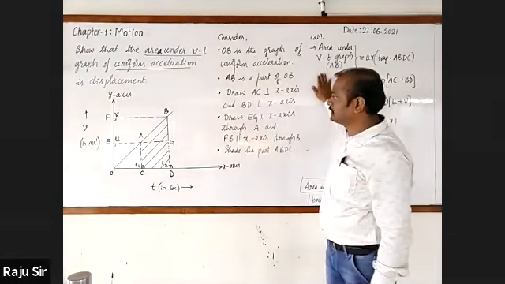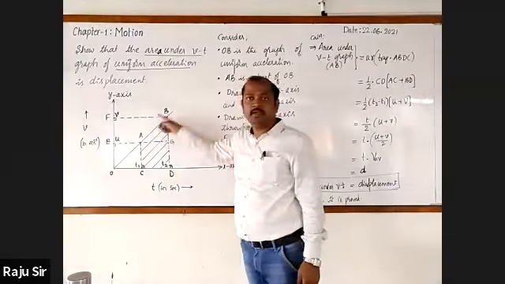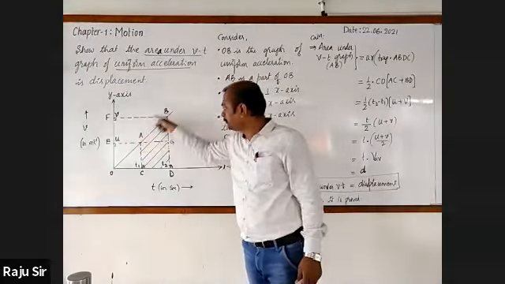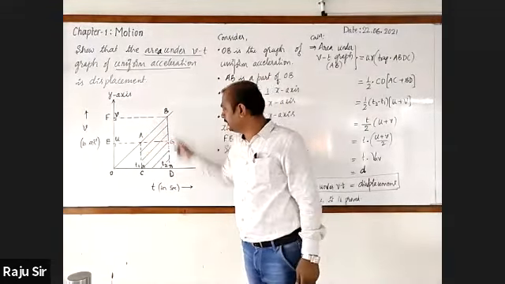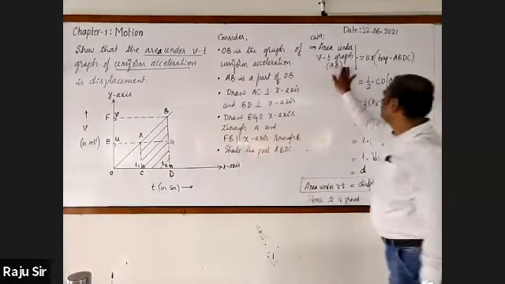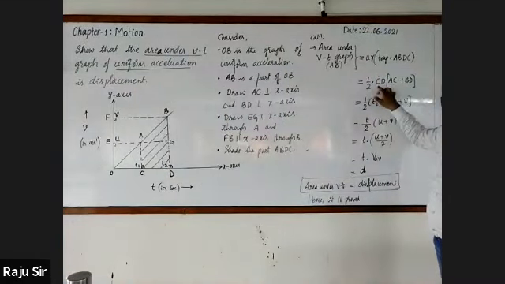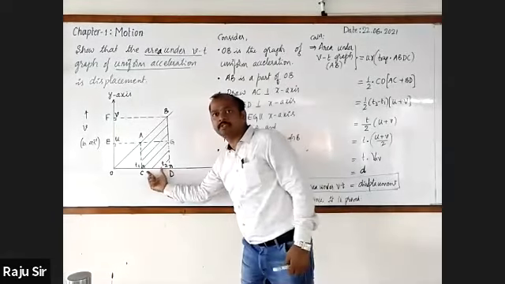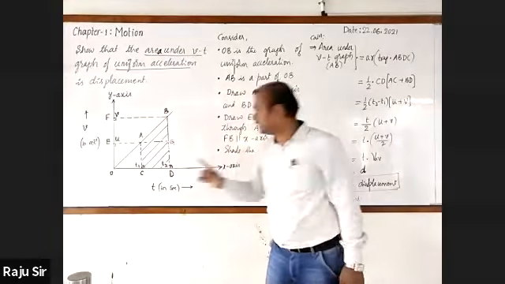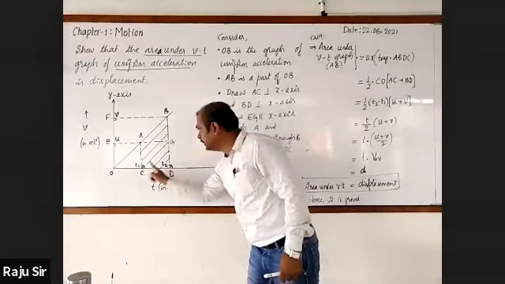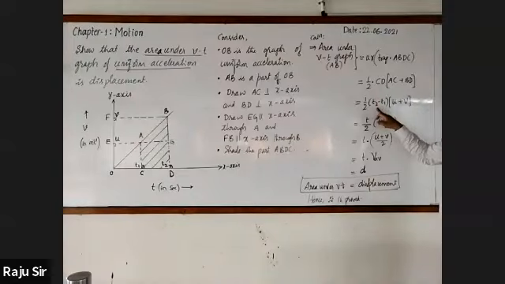Next, in the calculation part, the area under this VT graph is nothing but the area of trapezium ABDC. Area of trapezium is half into height into sum of parallel sides. Here, half into height. The height of this trapezium is from C to D, or A to G. The time from C to D is T2 minus T1.